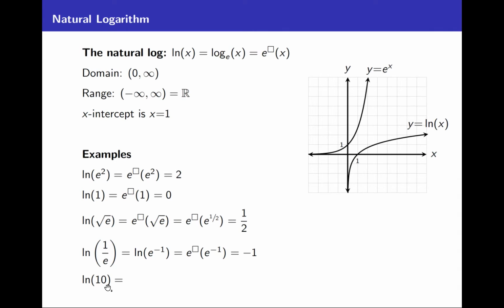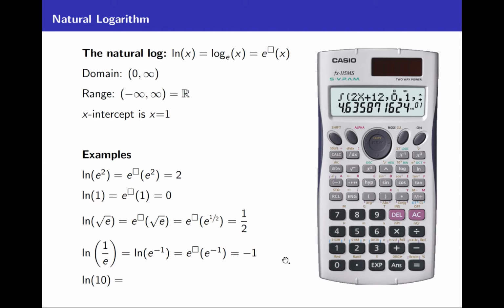Hard to reason this one out. But fortunately, we have calculators, and calculators have an ln button. So if you ever get to a logarithm you can't figure out in your head, you can reach for your calculator, punch in ln, and you'll get an approximation to ln of 10. So this is the number where if you raised e to that power, you'd get 10.